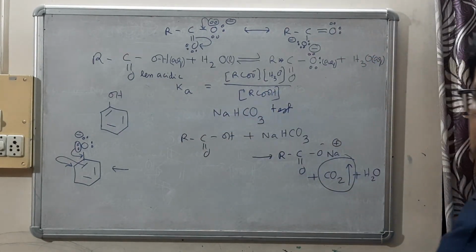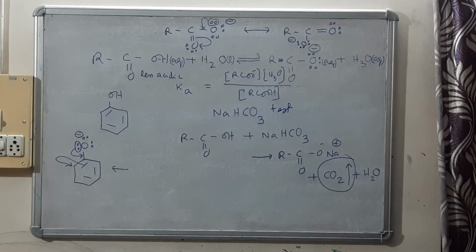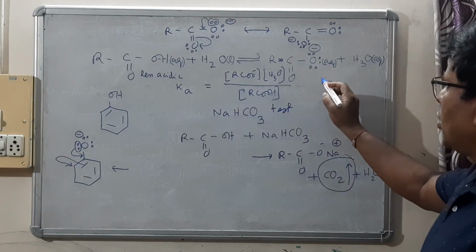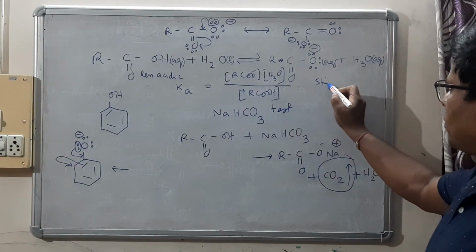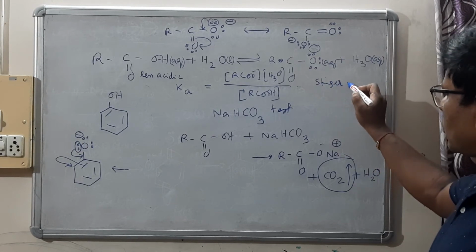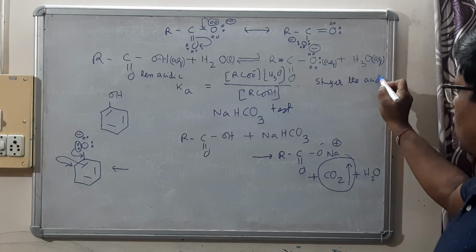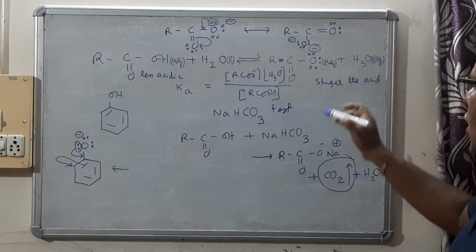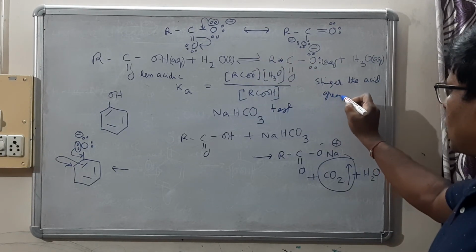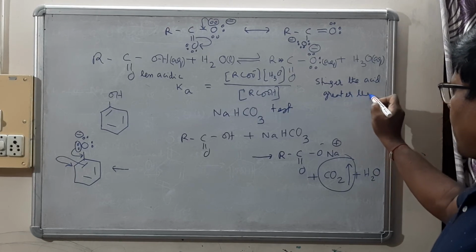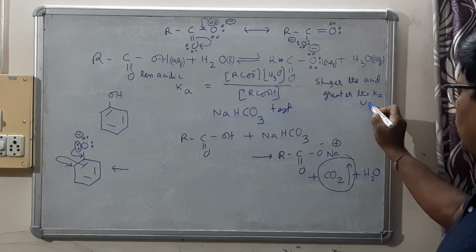This is called the acid dissociation constant. The stronger the carboxylic acid, the greater the Ka value.